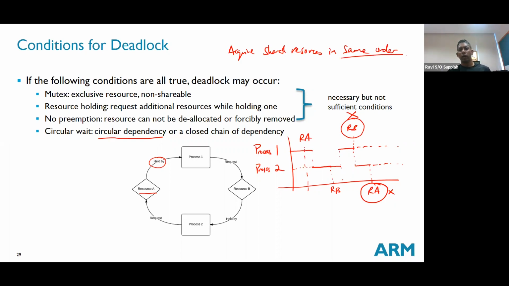If we change this so that process 1 and process 2 both require resource A and resource B, then when process 1 is running, the same thing happens: it acquires resource A. Then I switch to process 2, and process 2 must also follow the same order. It must try to take resource A first, so it will get blocked. You'll be able to switch back to process 1, and process 1 can carry on.